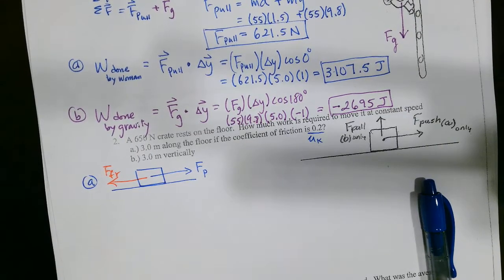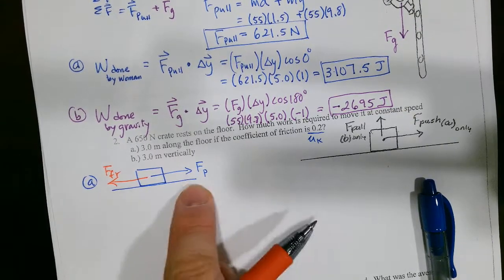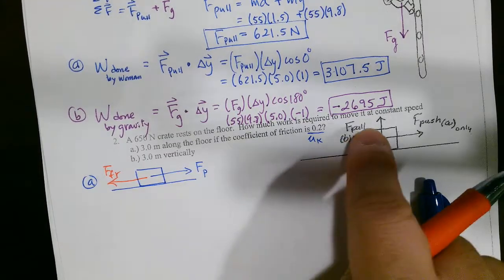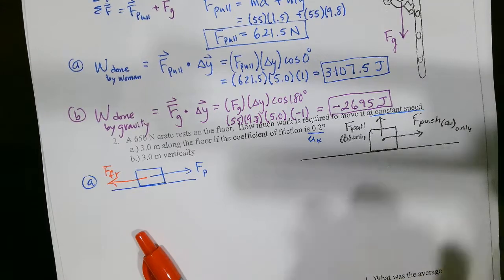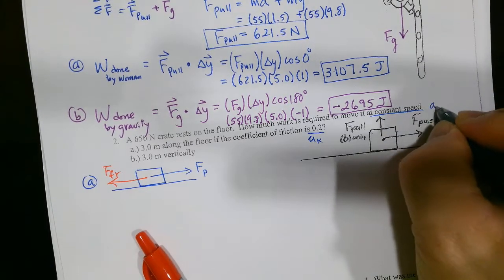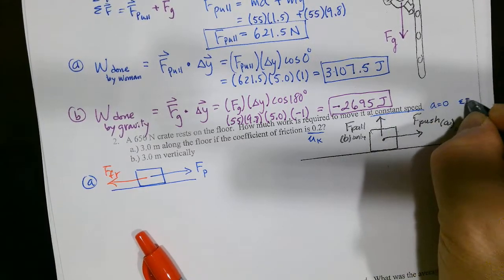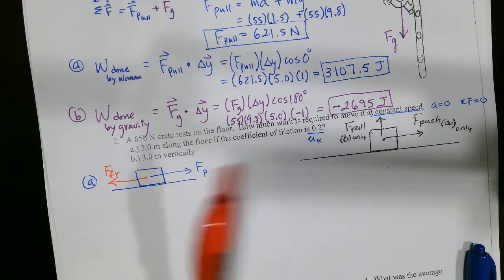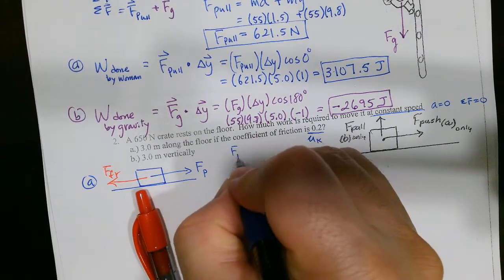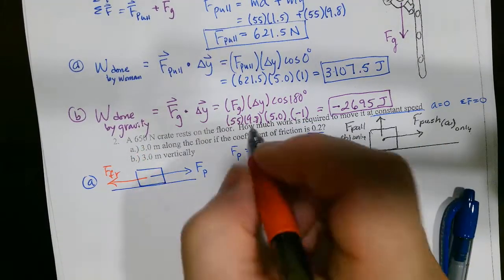Now F friction and F push have to be the same because it's going at a constant speed. So if it's constant speed, then my acceleration is 0 and my net force is 0. So F push must equal F friction.